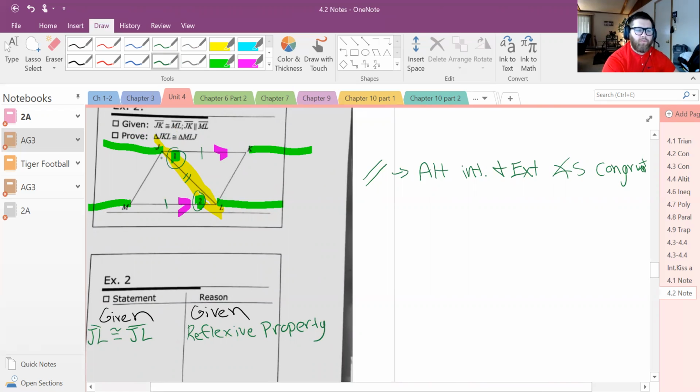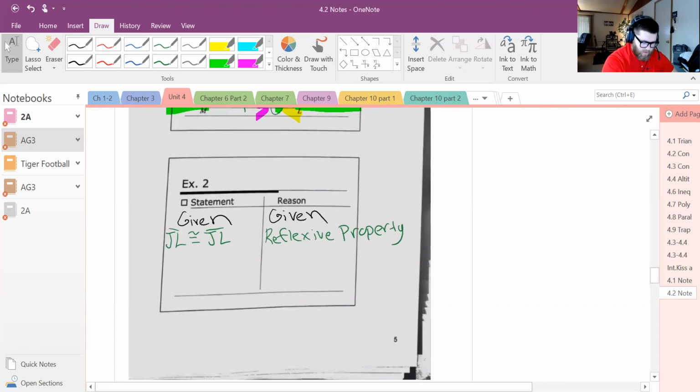That is a special tool that we learned last semester. Try to bring that to the forefront of your brain. So here we go. Angle 1 is congruent to angle 2. What's the reasoning? Parallel lines give, or you could just put alternate interior angles are congruent.